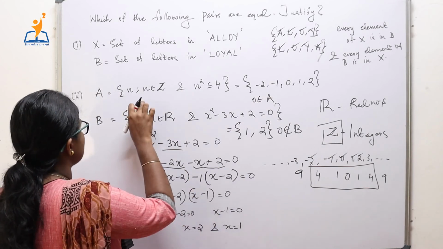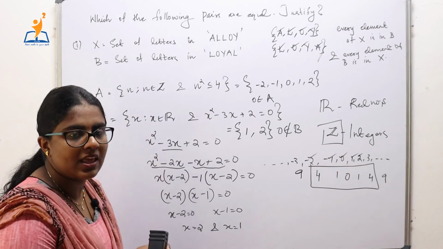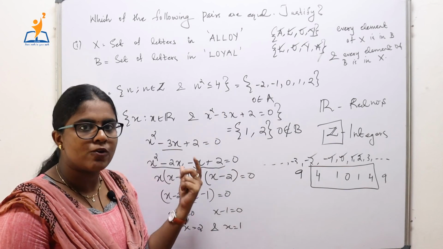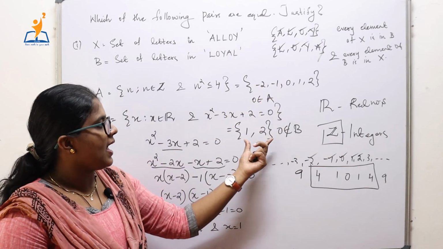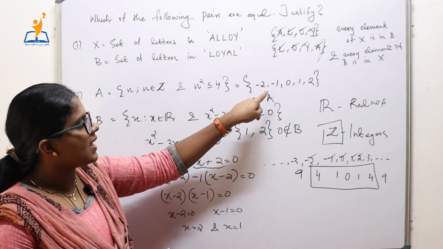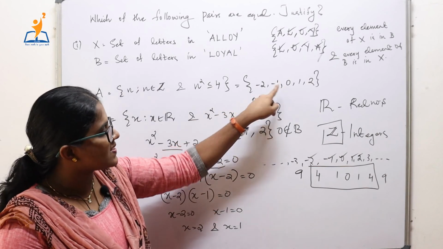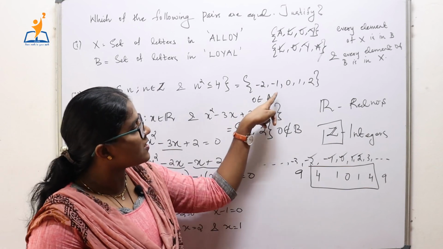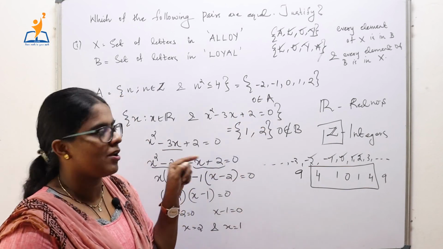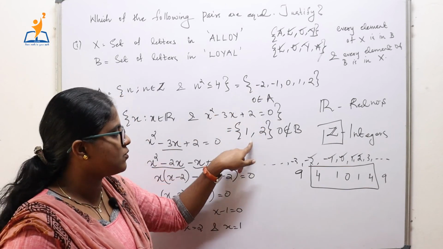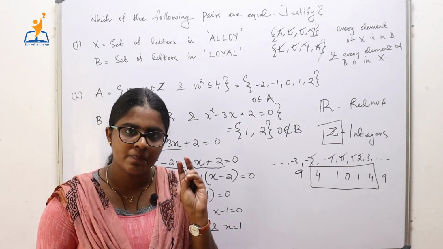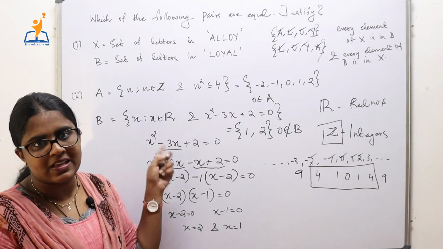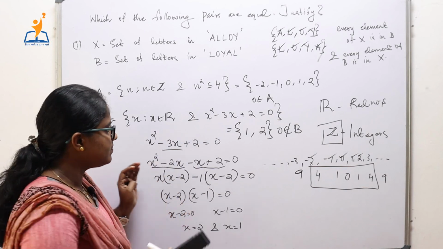To say that these two sets are not equal, first of all we have to write both sets in roster form, and then we have to say that 0 is in A but 0 does not belong to B. Also minus 1 is in A but minus 1 does not belong to B. Minus 2 belongs to A but minus 2 does not belong to B. This is the justification that these two sets are not equal.